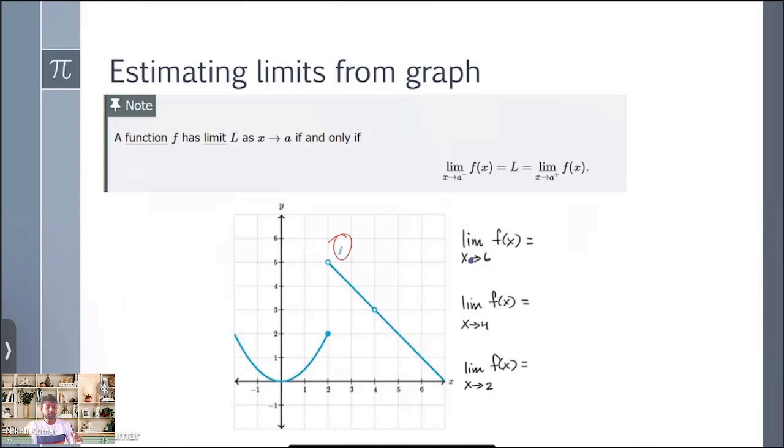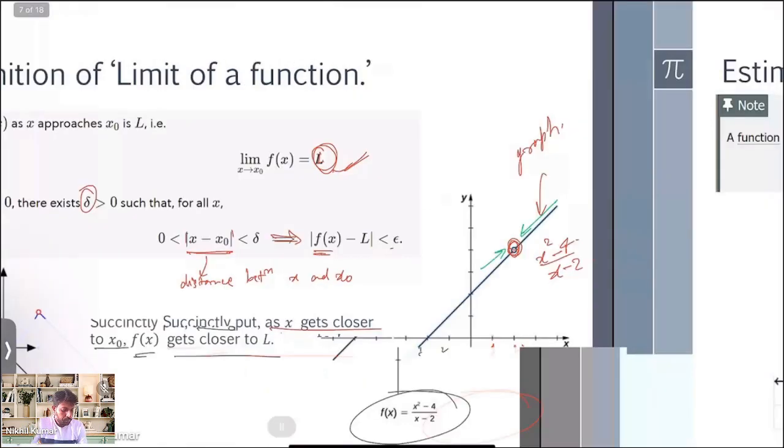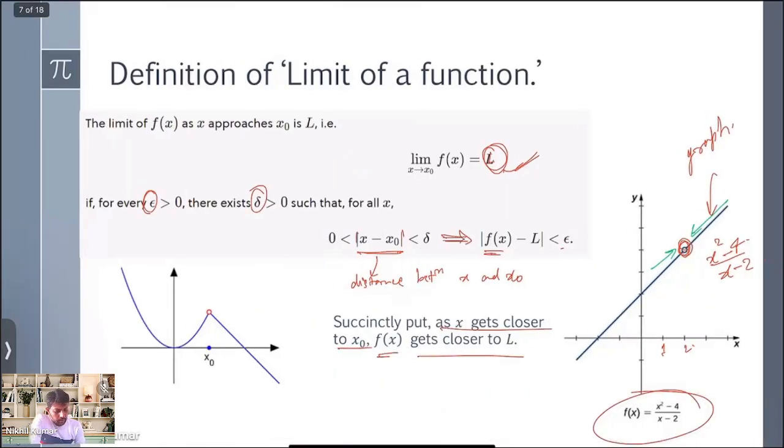Once again, I'll repeat. Let's say I find the limit of f of x when x approaches 2 from the left side. That's why that minus sign is there. So this will show you the limit of this function when we are approaching it from the left side.